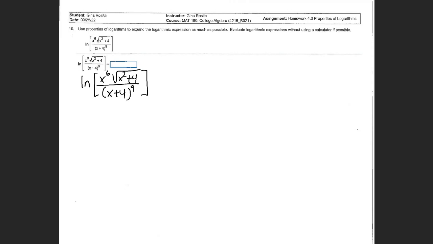Okay, so now, natural log of x to the 6 times square root of x squared plus 4, minus natural log of x plus 4 to the 9, yeah?